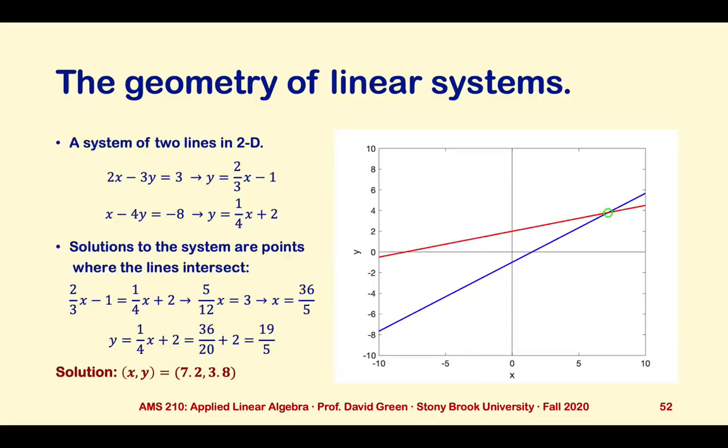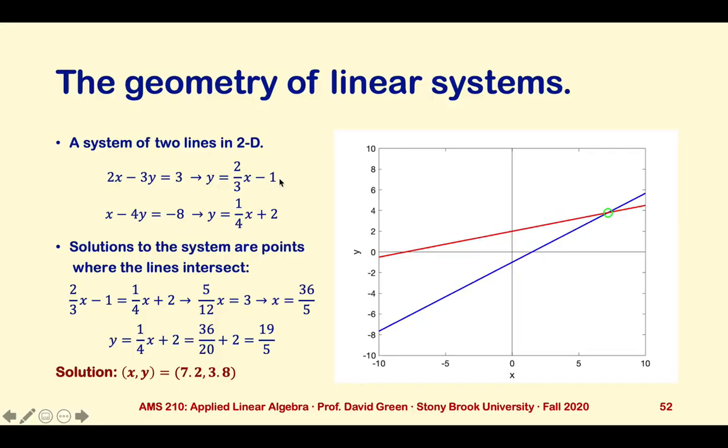Just as an example to visualize this, a system of 2 lines in 2D is given here: 2x minus 3y equals 3 and x minus 4y equals negative 8. Each of these can be rearranged into the standard form of y equals mx plus b, and when we do this, it makes it easy to plot.